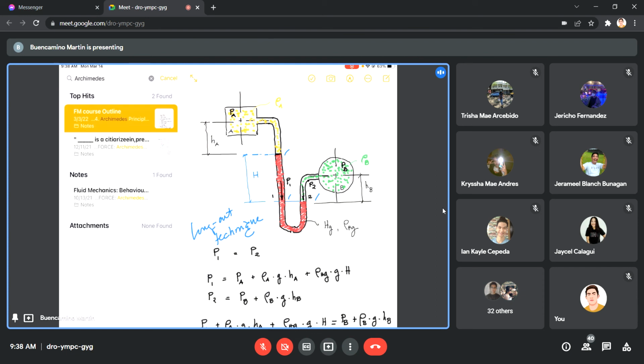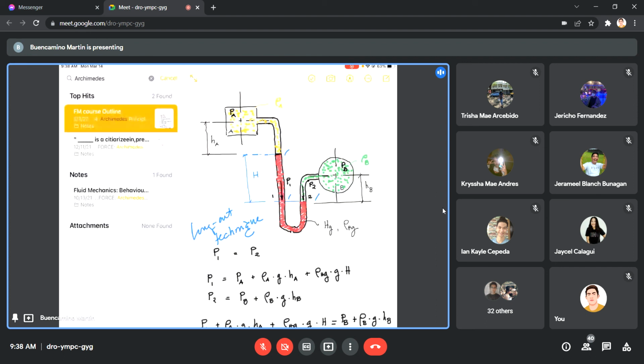Okay. So tapos na ako dyan sa left leg. And then I'm going to slide my finger up towards the right leg at point 2. So nasa point 2 na ako. And then gagawin ko is I'm going to proceed upward, so that will be preceded by a negative sign. Okay.